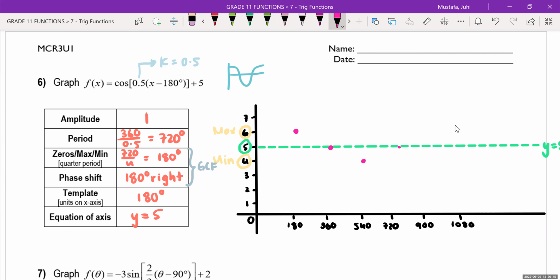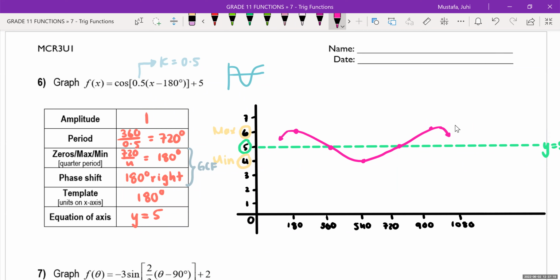Move over and go to your equation of axis, and move over a quarter period and go back to your maximum. Okay, and then if you are continuing the trend, just make sure you draw an arrow going down. That's what it's going to look like, and then we label it.